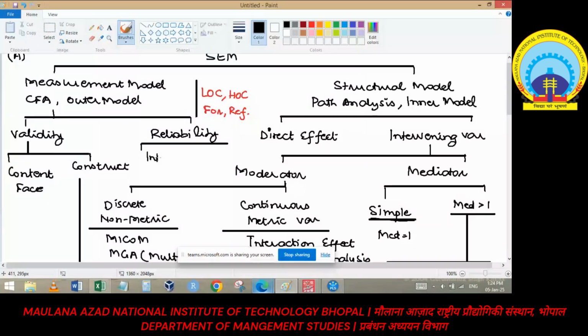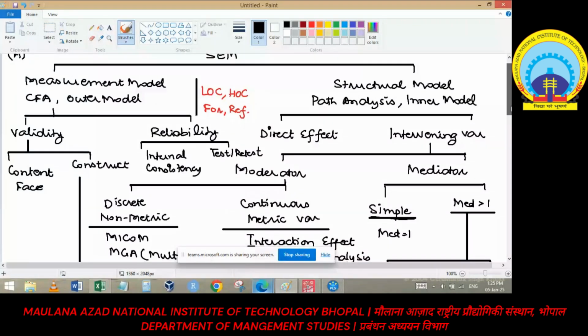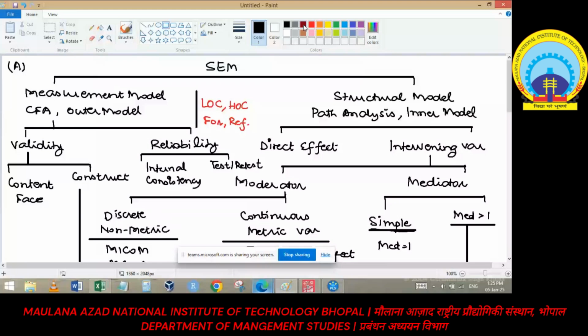There the Cronbach alpha and McDonald omega come. And the second one is called test-retest. Test-retest reliability is generally conducted in experimental studies. There is also split-half reliability and inter-rater reliability. I'm skipping that part. These two I'm writing. So basically, this is what we should discuss, and I hope all the resource persons will speak about these things.